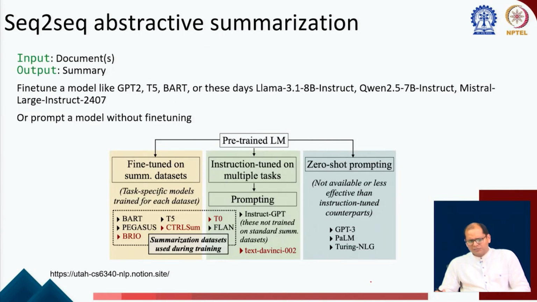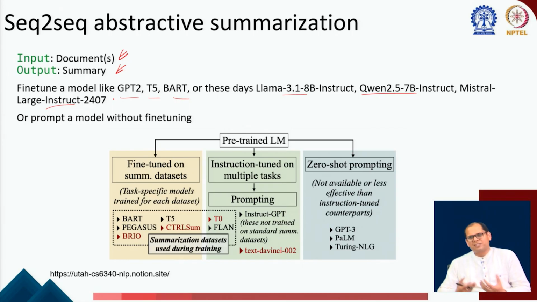Now focusing on abstractive summarization, your input is a document and output is a summary, right. You can fine tune a model like GPT-2, T5, BART, or even Llama, Qwen, Mistral models, or you can prompt a model without fine tuning.